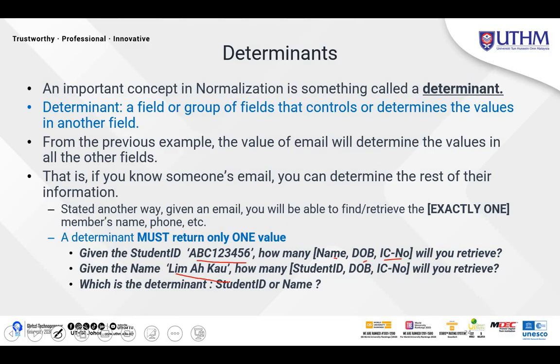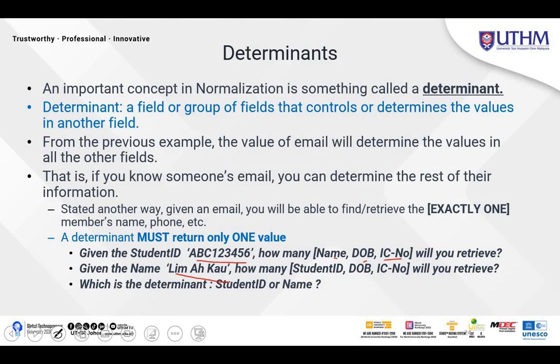In this case, I would say that student ID will be the determinant. Lim Ah Kau is not a determinant because one ID belongs to only one person or one student. Just imagine that every student in our classroom has their own matric number, so they are unique for every individual.